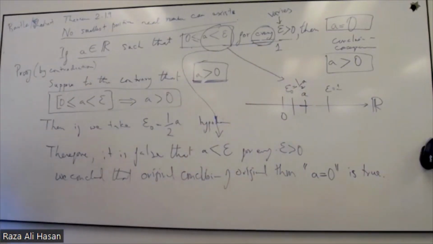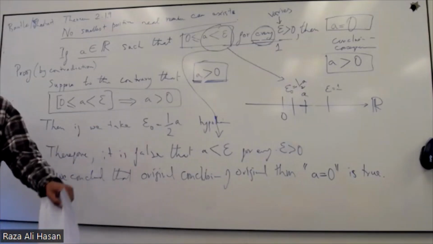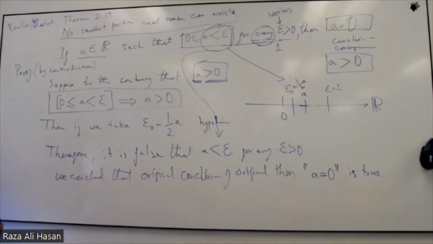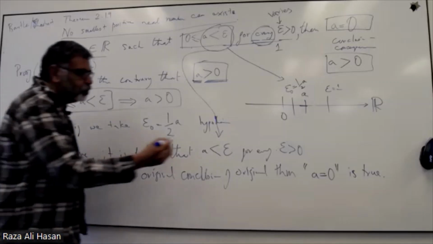Yeah. 0 is not a positive number. And if 0 was a positive number, then there is a real number which is smallest of the positive numbers, which is 0. But in fact, since 0 is not, here's what Chris is actually saying. So that's a good point.